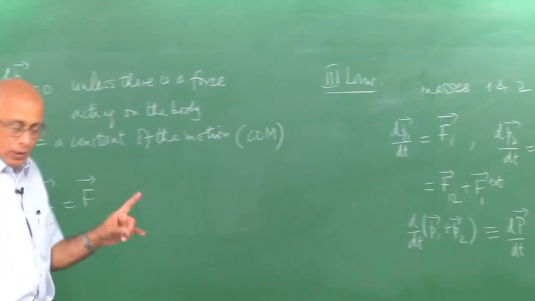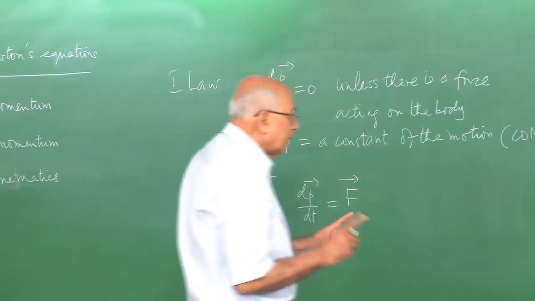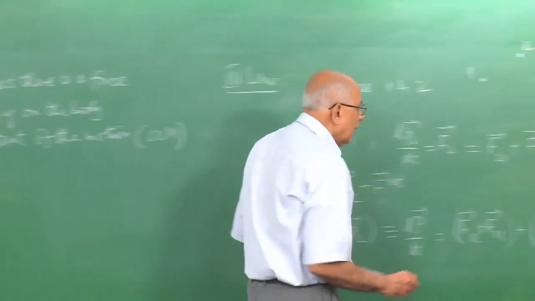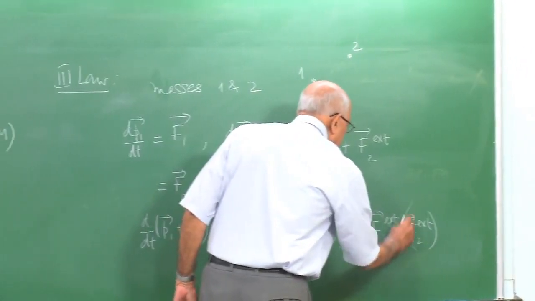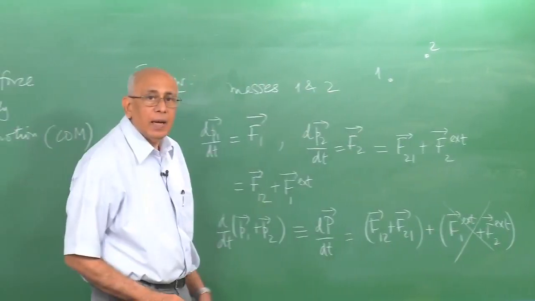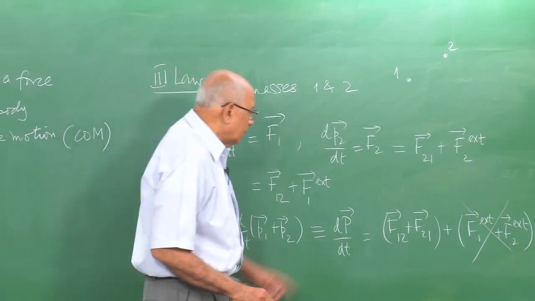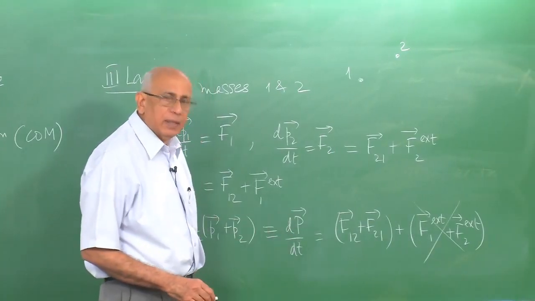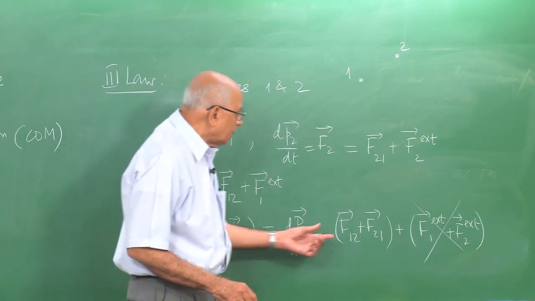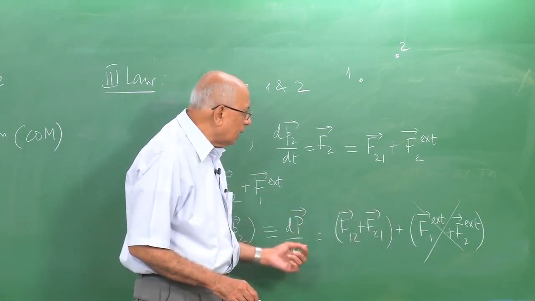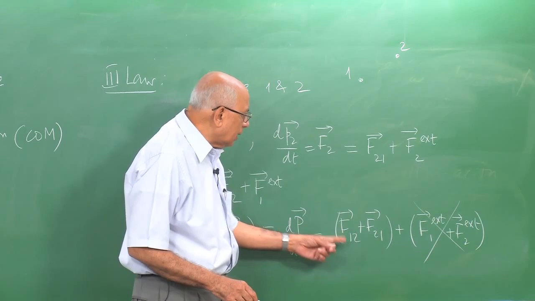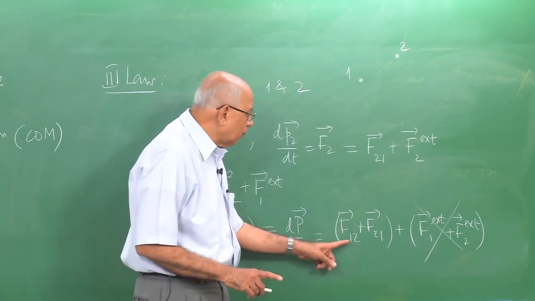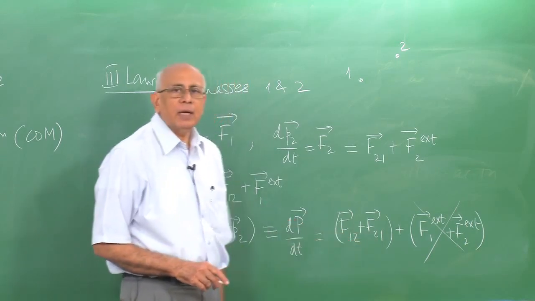Now Newton's third law says that if there is no external force, if this term happens to be 0, then and only then this momentum is constant. So it's equivalent to saying that action and reaction are equal and opposite. So the dynamic statement is F12 is equal to minus F21.